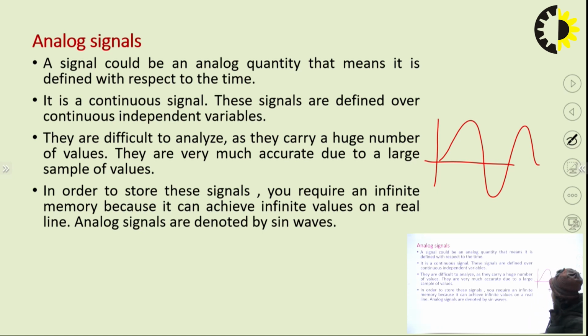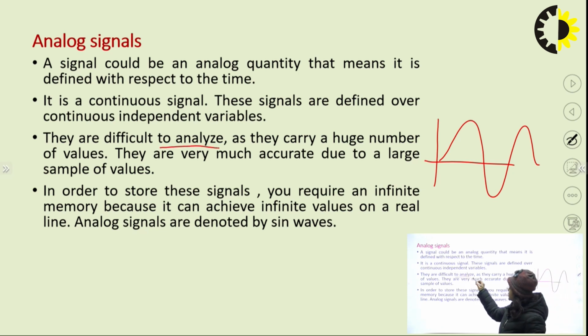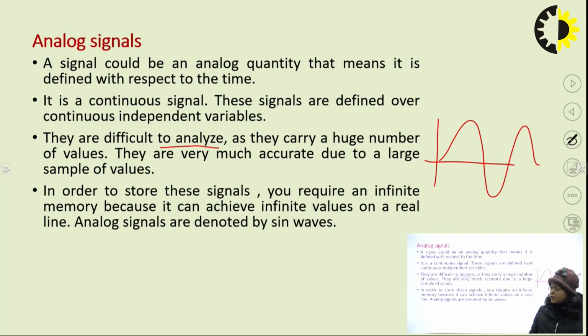As they have a range of values, analog signals are difficult to analyze because they consist of a large range of values. But they generate an accurate output also. In order to store these signals, we require a lot of memory as well, because analog signals are continuous in time and these are generally denoted by sine wave, cosine wave, etc.